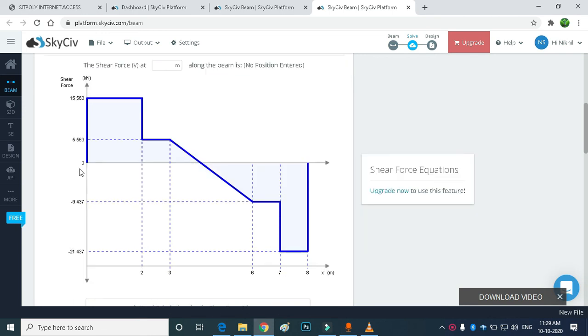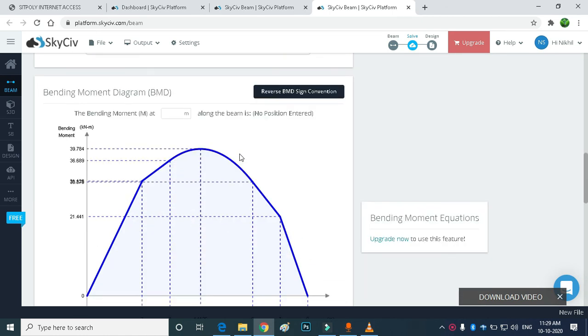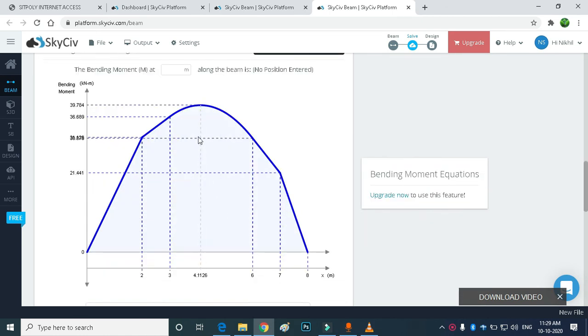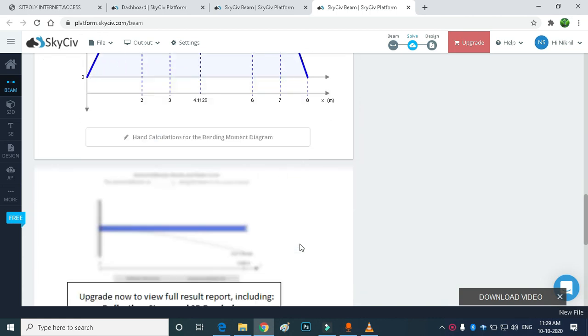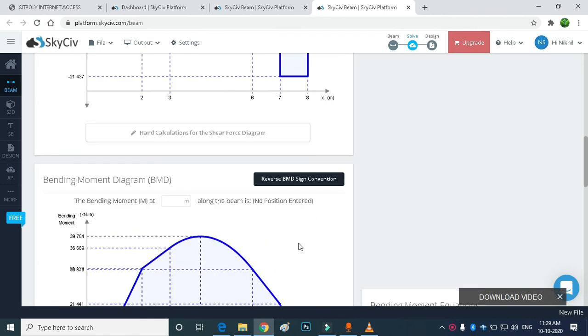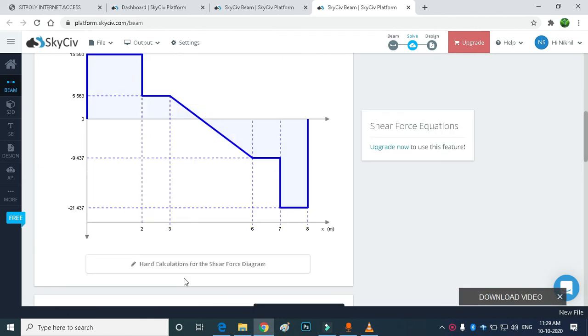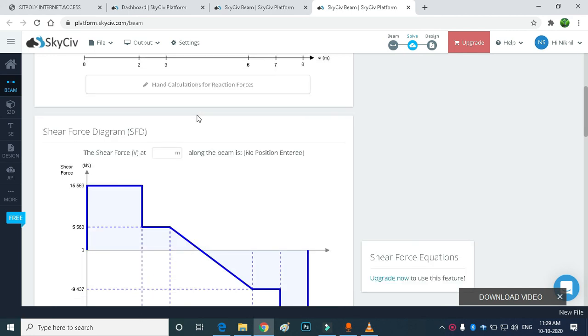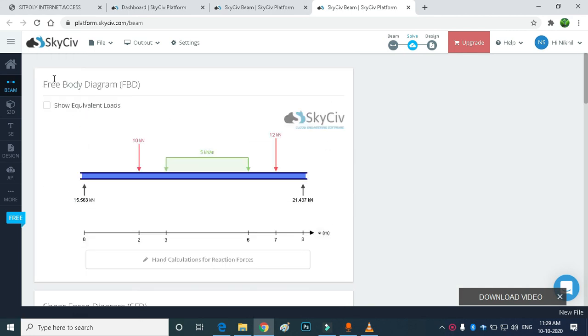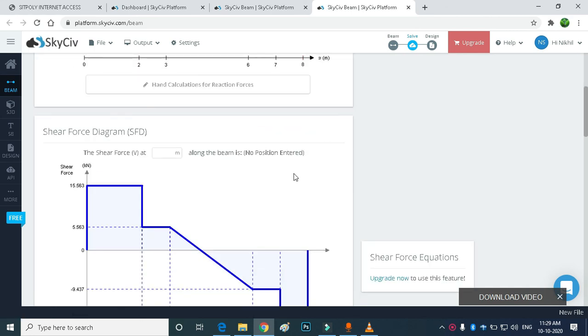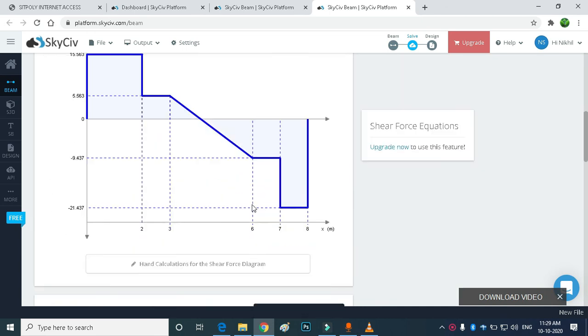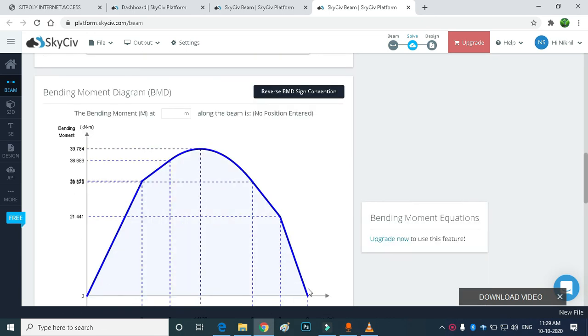Okay, so the values you can see over here of the shear force diagram, and below that you will get the bending moment diagram of this particular beam. Okay, so what you have learned in your theory part, you can directly get in this particular practical using this software SkyCiv. So this is the beam, this is the shear force diagram of that particular beam, and this is the bending moment diagram.